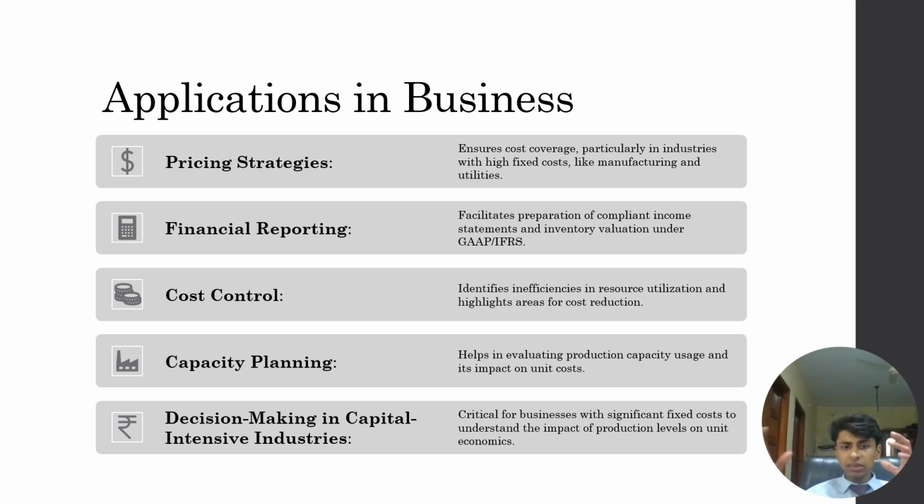Then comes decision making in capital intensive industries. It is critical for businesses with significant fixed costs because it helps to understand the impact of production on the unit economics. When there are significant fixed costs, absorption costing helps increase the company's profitability.